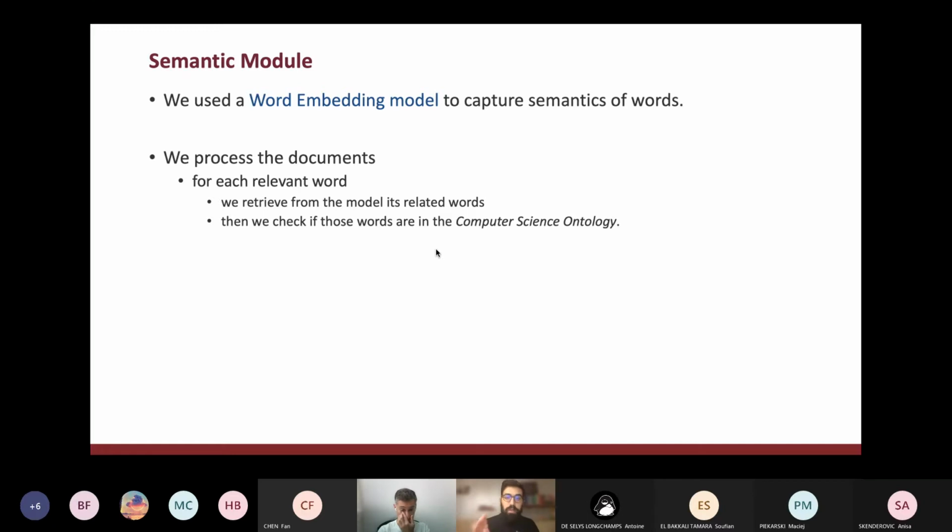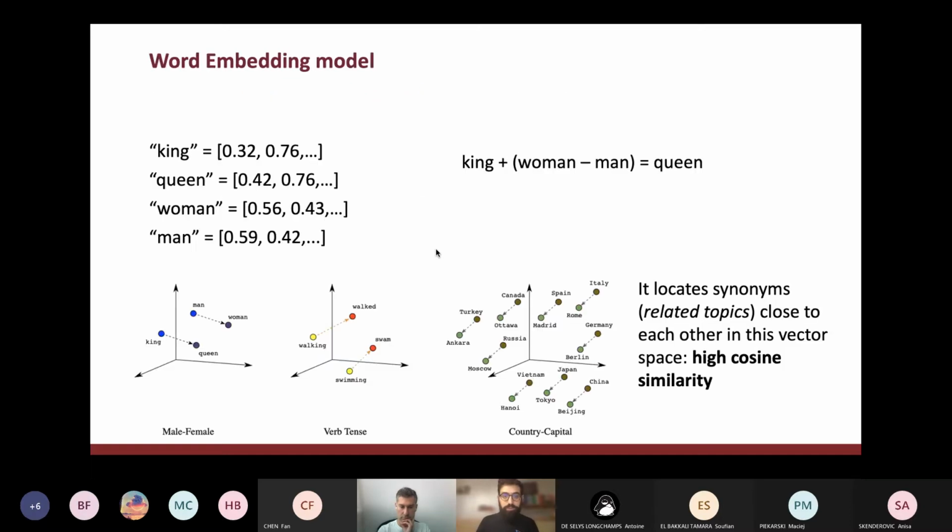There will be clear examples in just a few slides. Then for each word, we select the relevant words and we check whether these similar words extracted from the model are within the computer science ontology.